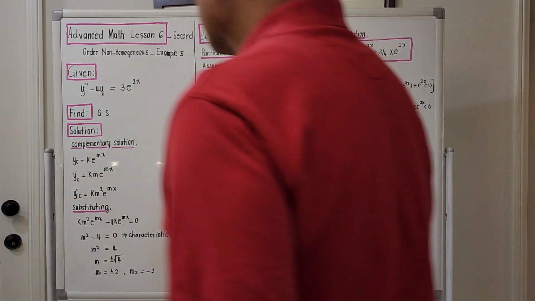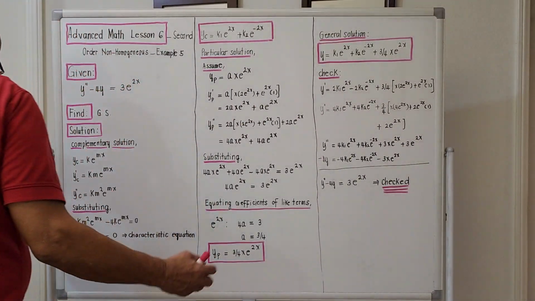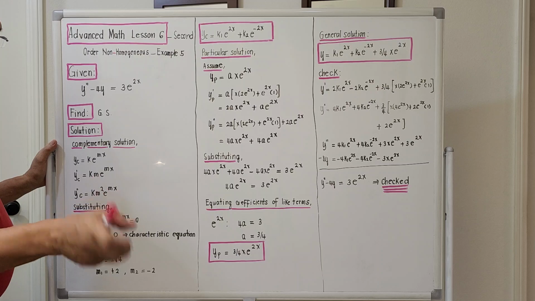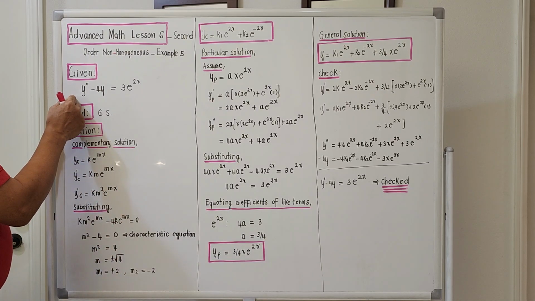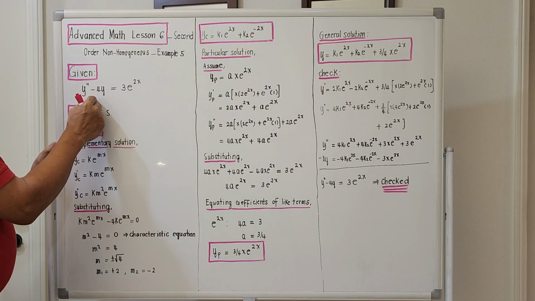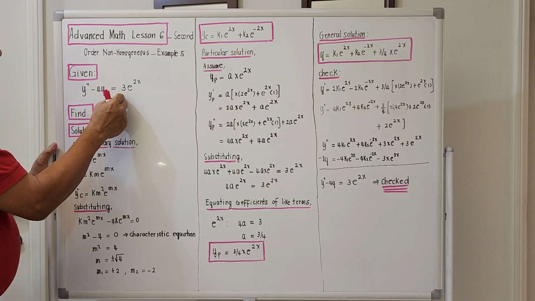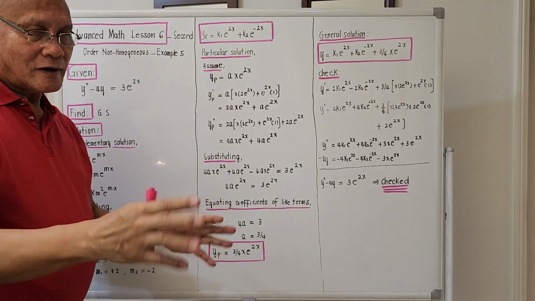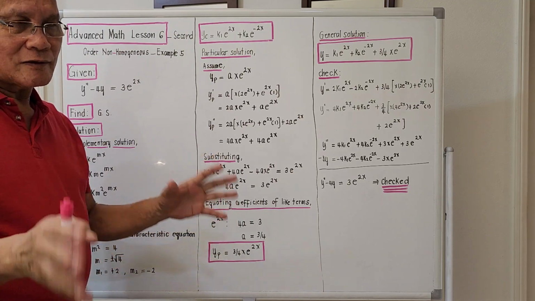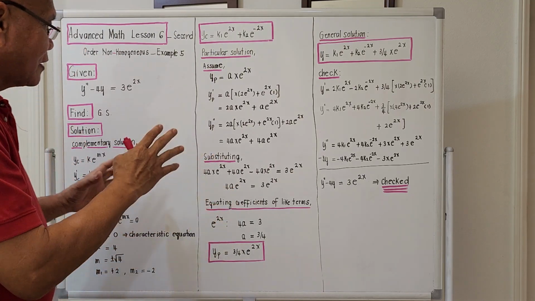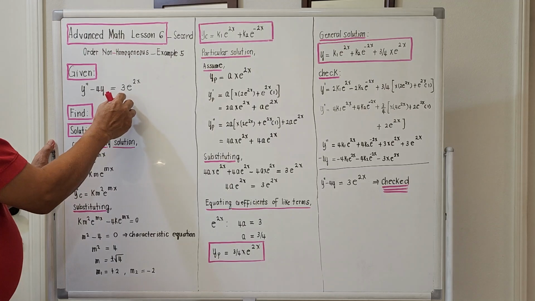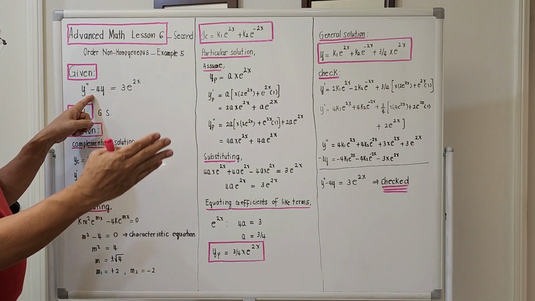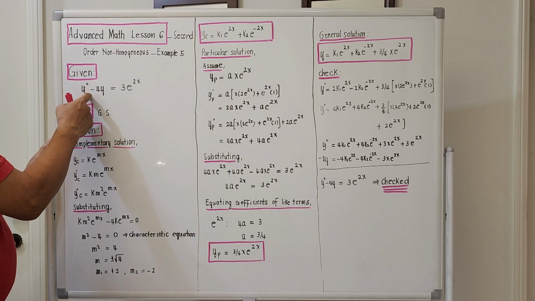This is now lesson number 5. The given non-homogeneous second order differential equation is y double prime minus 4y is equal to 3e to the 2x. I think the last time around I gave one example in which the right hand side is an exponential function, but the sign on the left hand side is actually plus.